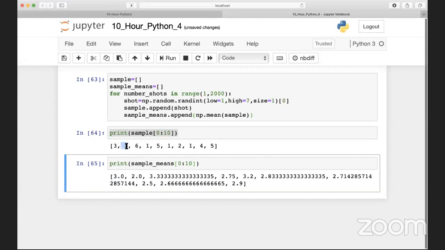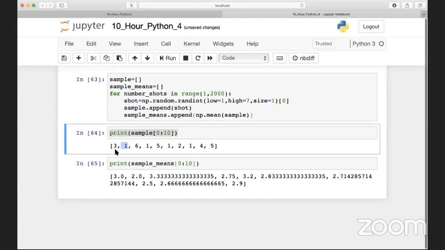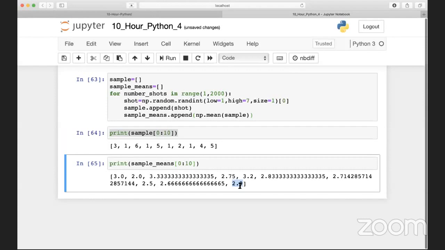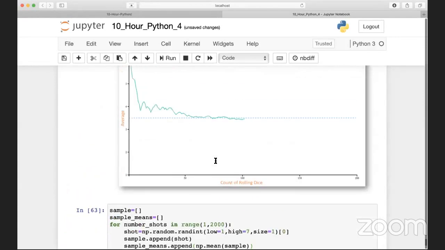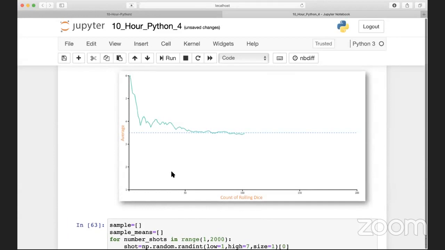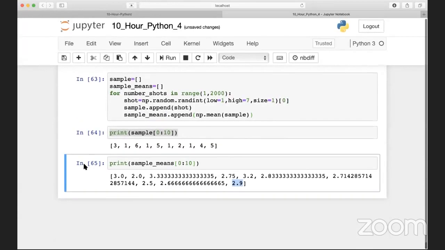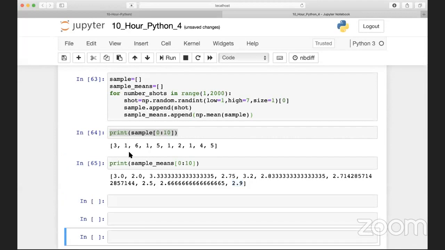In the second trial, I get 1. The mean is 2 because 3 plus 1 over 2 is 2. And it's 3.3 and it is 2.75 and so on. But after 10 trials, I get 2.9, which is far away from 3.5, which is the population mean of rolling a dice.